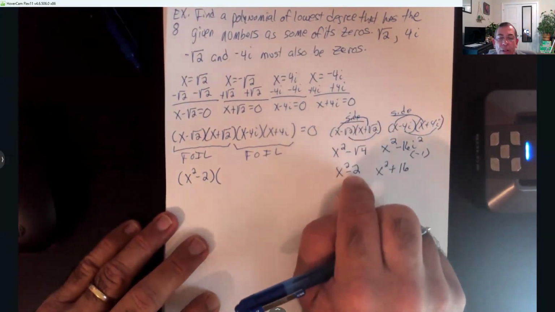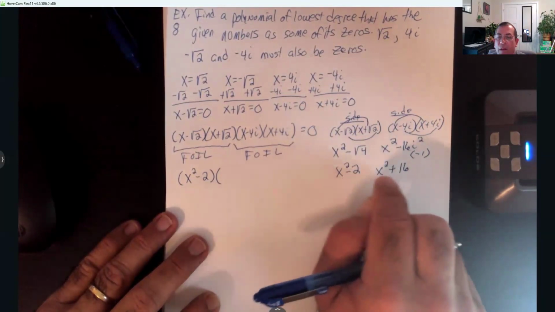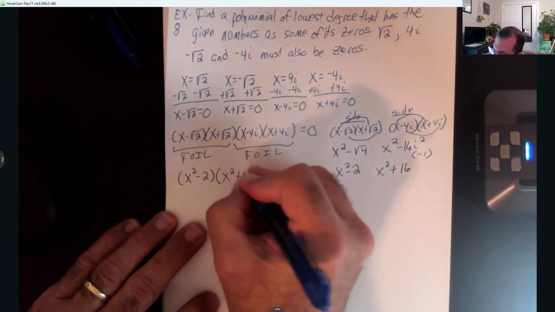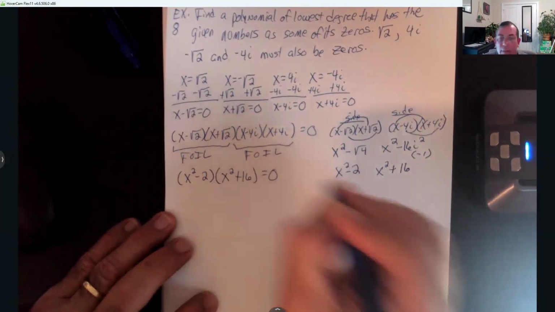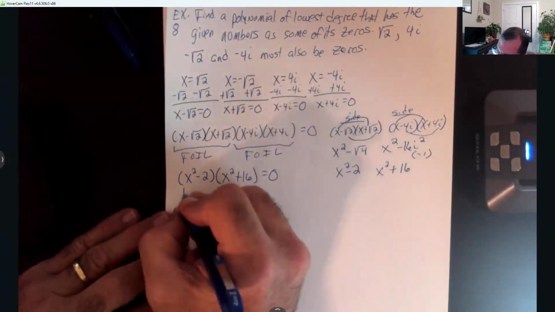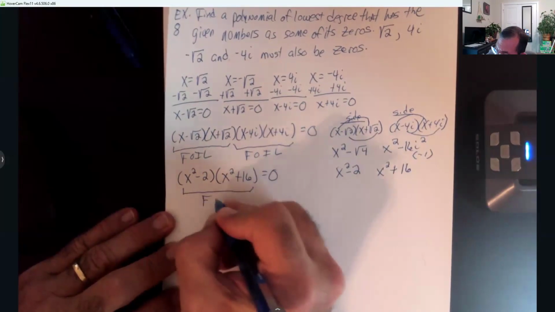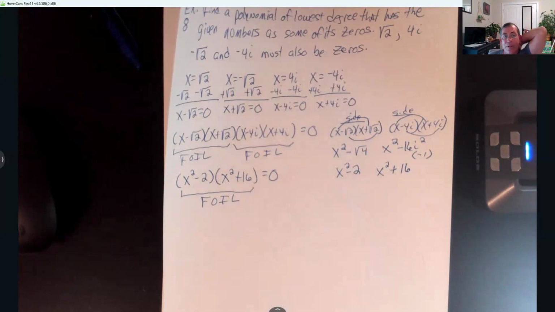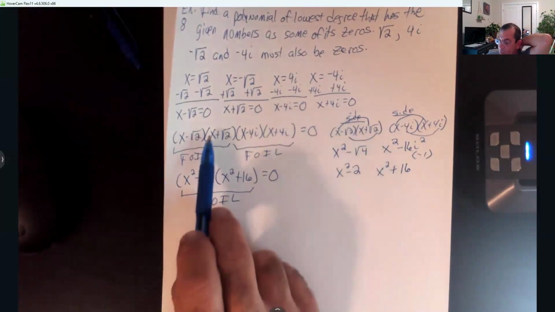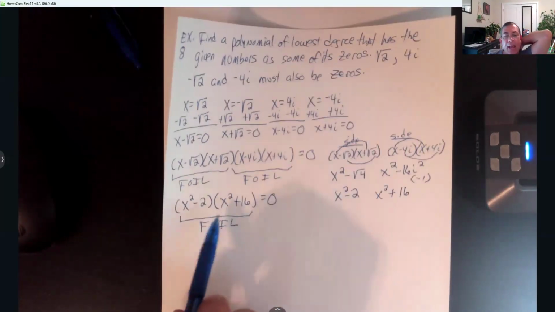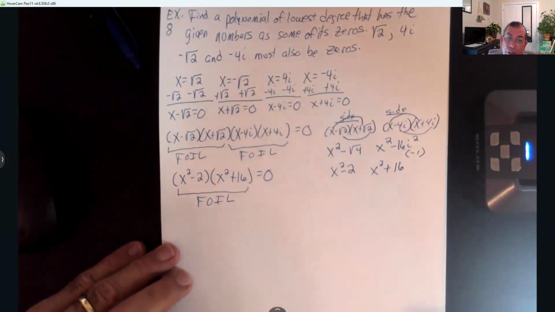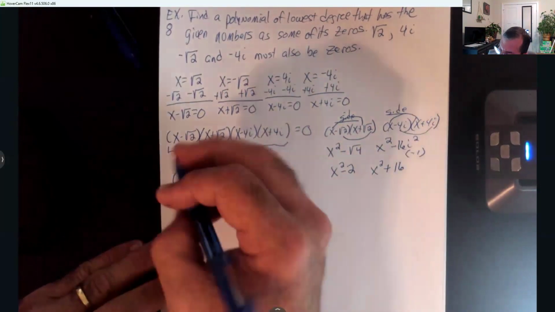Radicals will always end up negative, okay? So I'm going to put that in here, x squared plus 16. So my last step is to take these two things and FOIL. So look at this, on a degree 4, I had to FOIL once here, and once here, okay? So a lot of foiling if you got bigger degrees. All right, y'all, so let's see what we get.